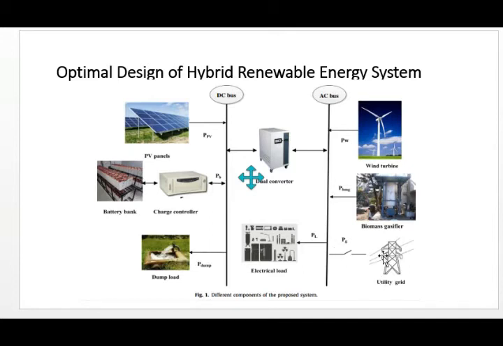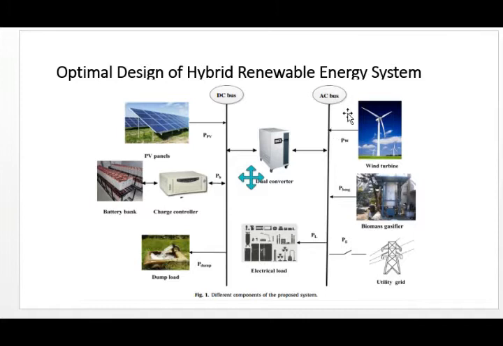For both the off-grid and the on-grid, there is an electrical load and there is a biomass gasifier. There may be a DG instead of this biomass. So consider whether in a conventional system it may be a DG or maybe a biomass gasifier, whatever you need, it may be placed here.